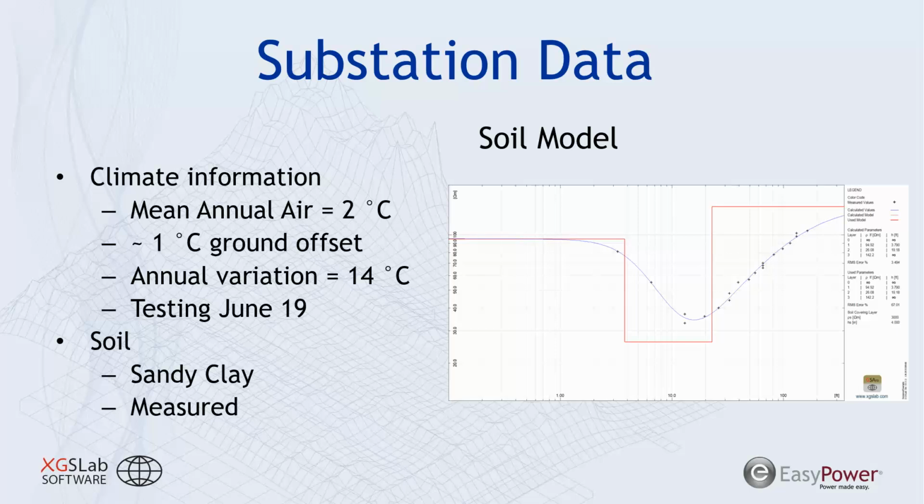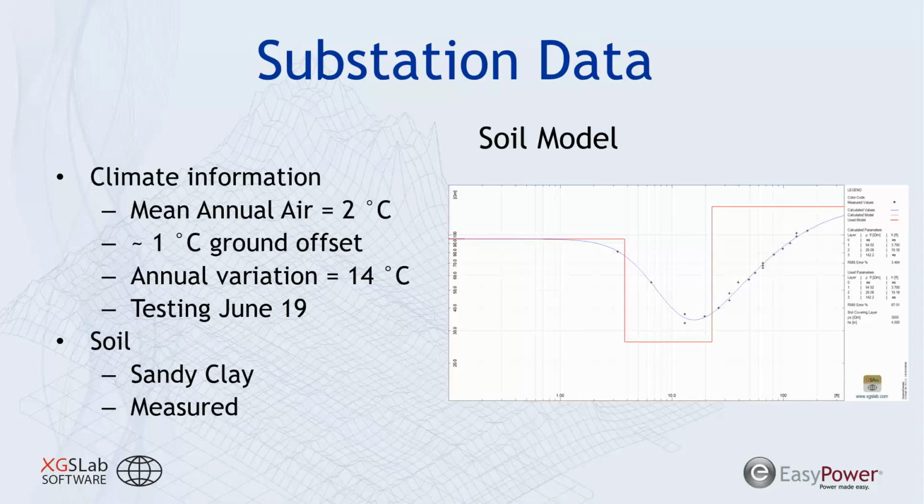I want to give some background information on the climate of my example substation. In this example, we have a mean annual air temperature of 2 degrees Celsius. This is a more northern region, closer to or in the Alaskan region.